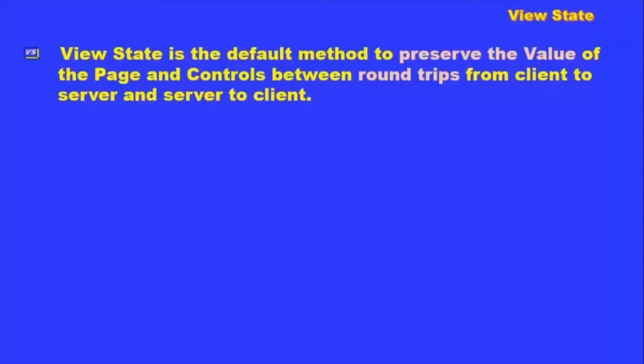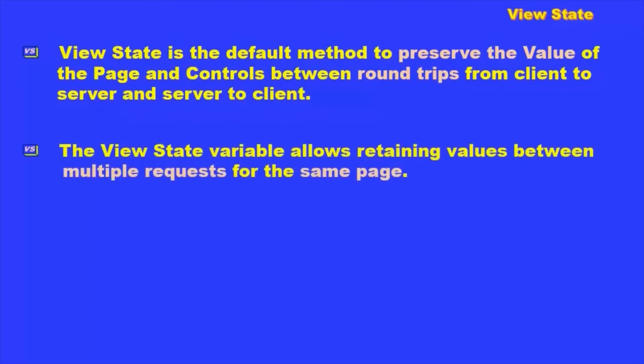ViewState is state management technique or method to preserve the value of page and controls between round trips. The ViewState variable allows returning values between multiple requests for the same page.